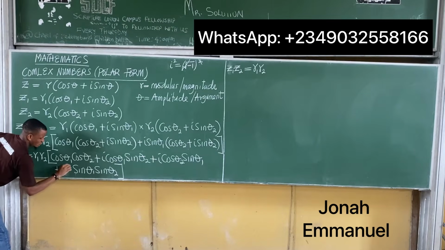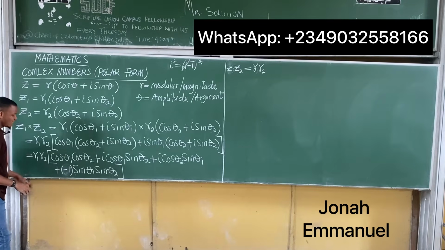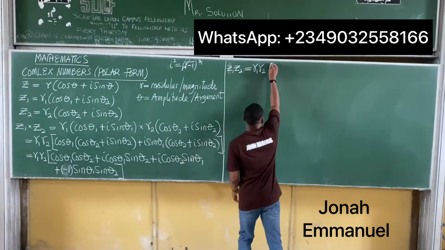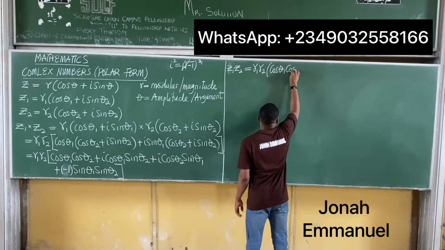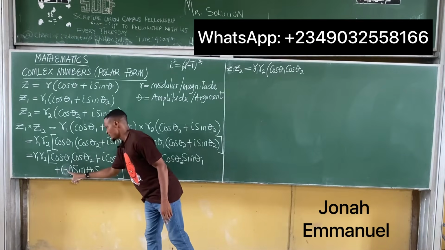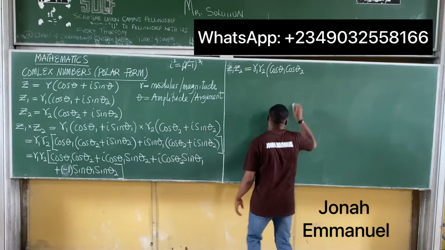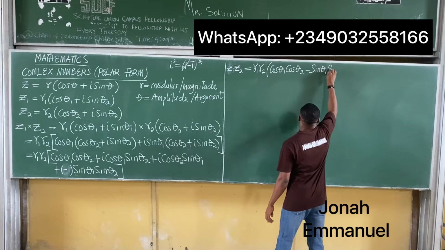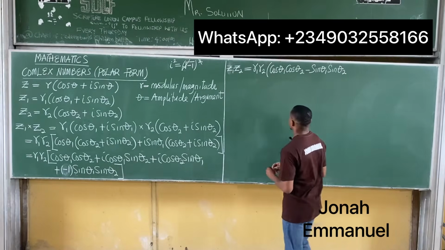So I have minus 1 here, multiplying all of this such that if they multiply, I'll be having cos theta 1 cos theta 2 into plus times minus 1 is minus 1 times this is itself. So that becomes minus sine theta 1 sine theta 2. All right, so I have this.